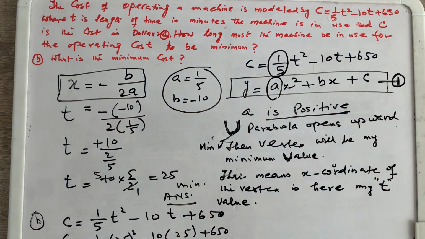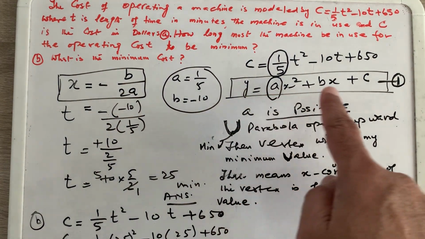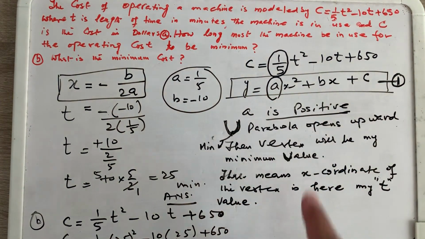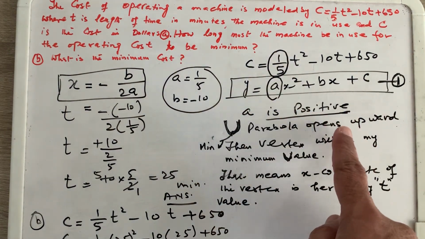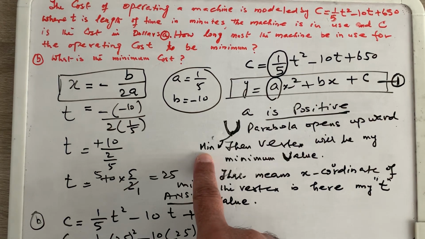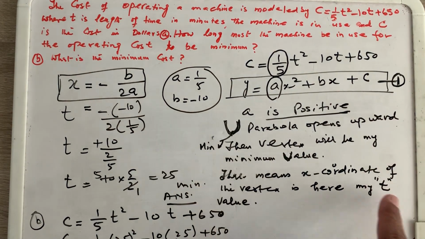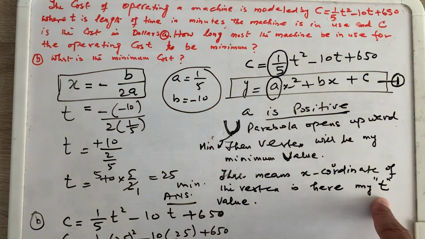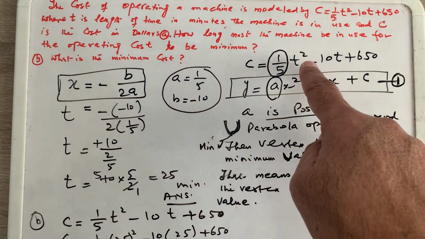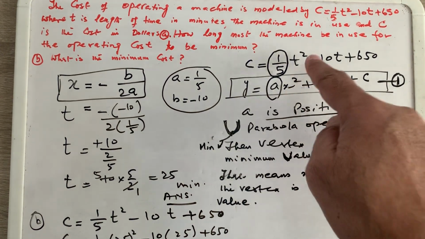So read the question carefully, compare it with your standard form, y is equal to ax squared plus bx plus c, and check A. When A is positive, the parabola opens upwards, and the vertex will be showing the minimum value. When the vertex shows the minimum value, the x coordinate will actually show t, because my x has been replaced with t.